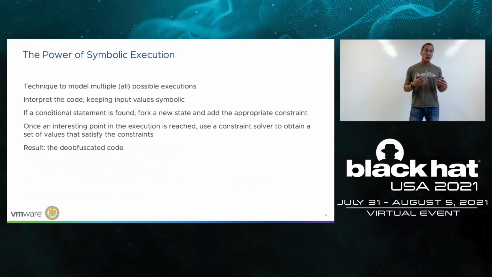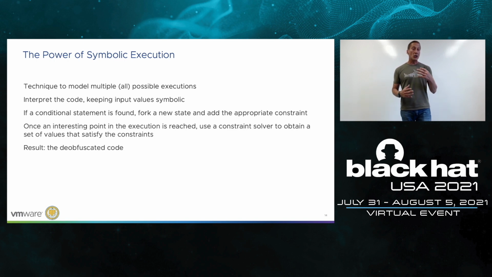And here we introduce the power of symbolic execution. This is a program analysis technique that uses symbolic values in order to represent all possible executions, at least in theory. So the basic idea is that in symbolic execution, you interpret the code, and whenever there is an input from the outside environment, you keep that value symbolic.